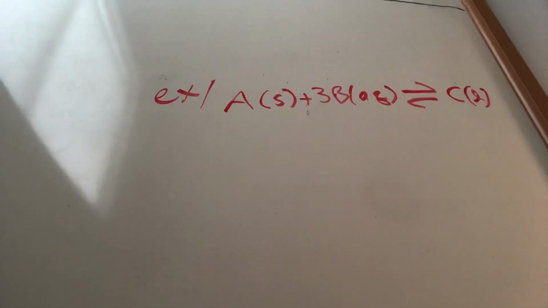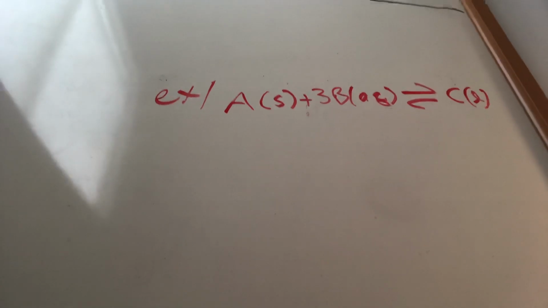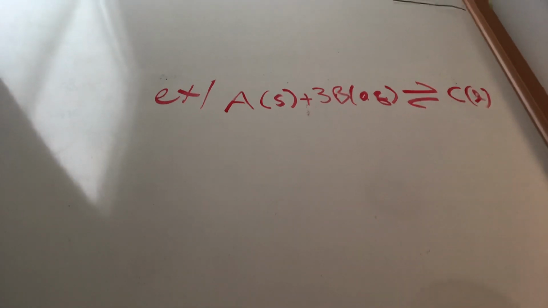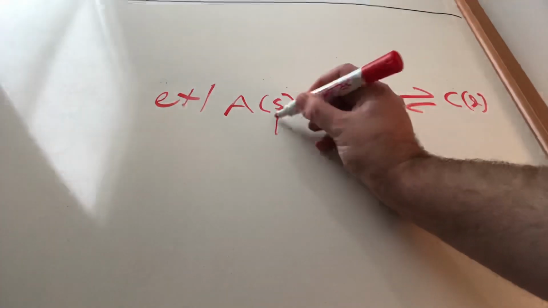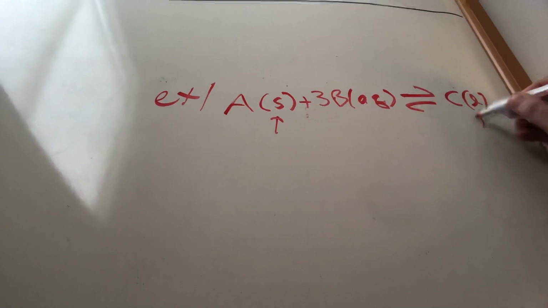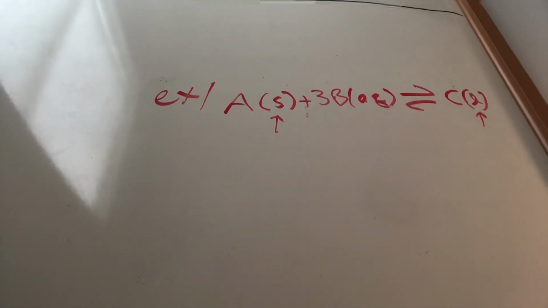Remember, one of the things we said when we introduced the equilibrium constant was that only things that could possibly have a concentration go into it. Species that are solids and species that are liquids don't have concentrations.